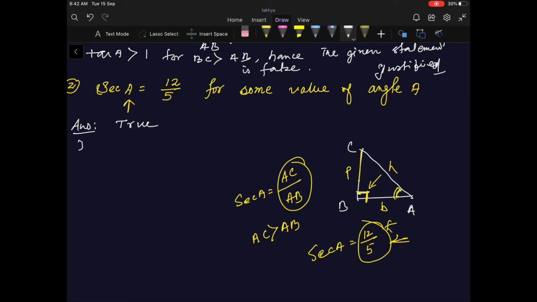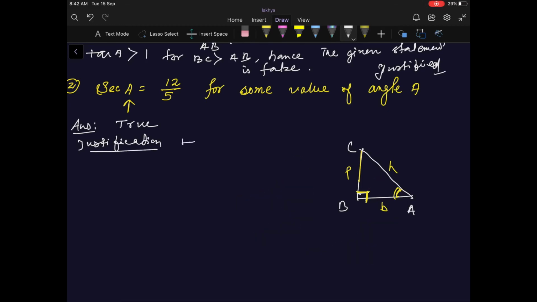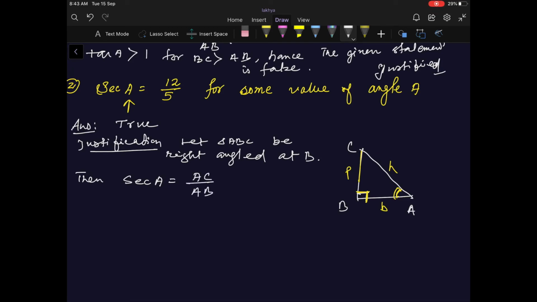So let me write the justification. Let triangle ABC be right angled at B. Then sec of angle A is equal to hypotenuse AC by base AB.